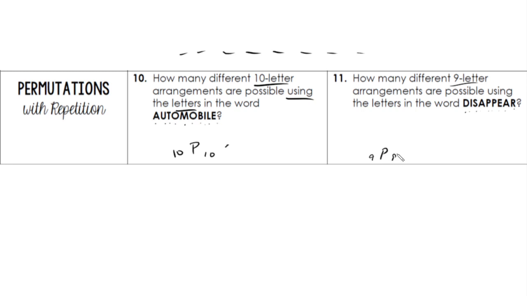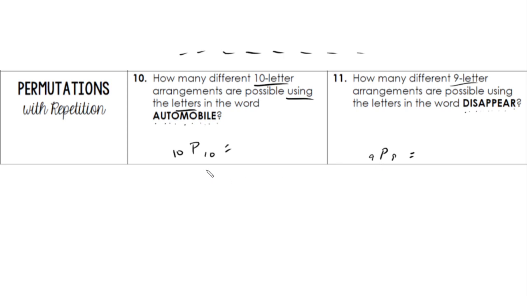How many different 10-letter arrangements are possible using the letters? If you have to use those letters, then it would be 10P10 and 9P9. If we were being asked to make smaller words using these letters, like 4-letter words or 5-letter words or 6-letter words, then you wouldn't have 10 here.